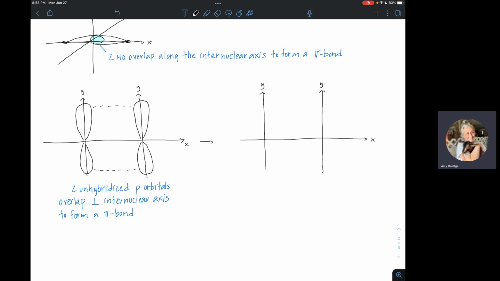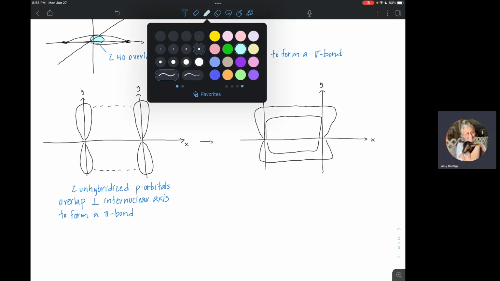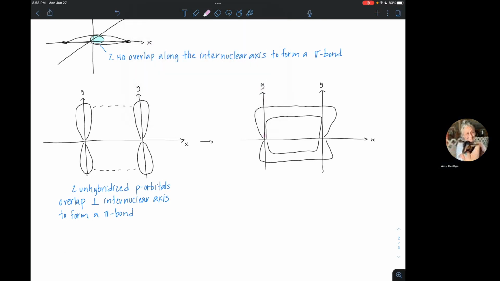The pi bond is where you have electron density above and below the internuclear axis. So here, I'll do this in a different color, so we can differentiate this from the sigma bond. This is a pi bond. You're basically making a little sandwich out of the x-axis.